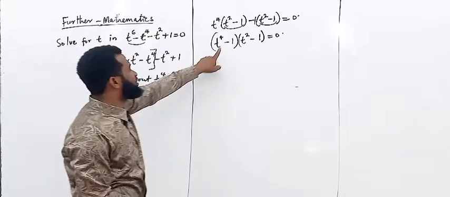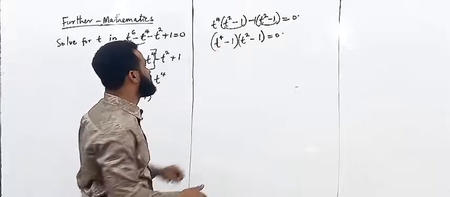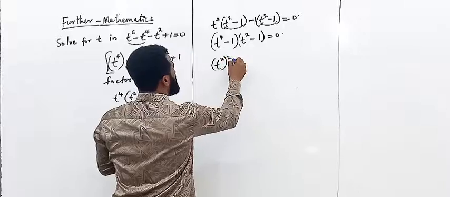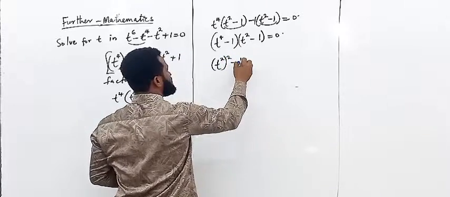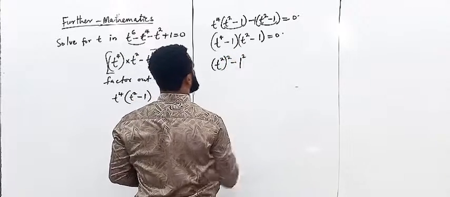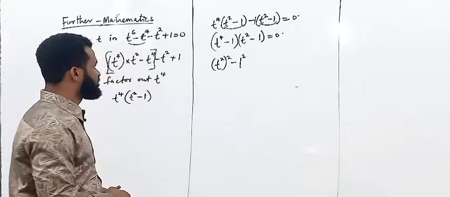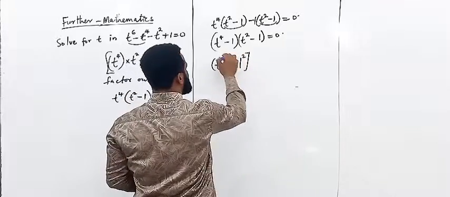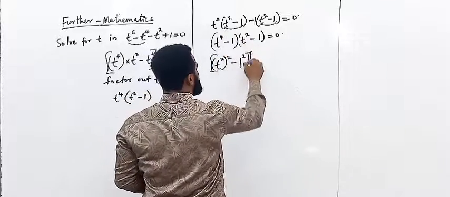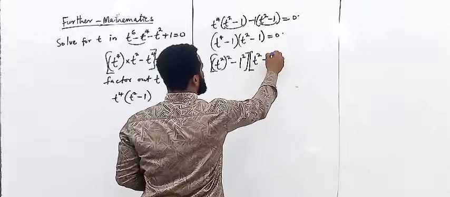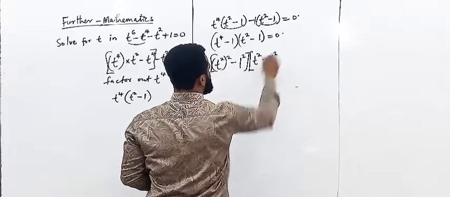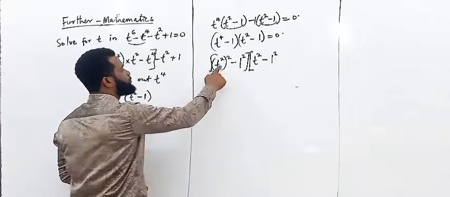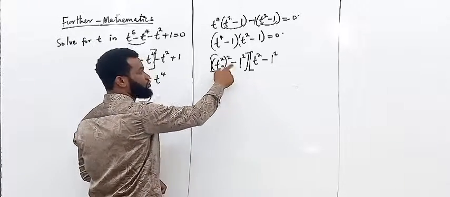Now, remember this. t raised to power 4 minus 1 can be the same thing as saying t raised to power 2 bracket 2 minus 1 raised to power 2. Yes, I want to do it in terms of difference of 2 squares. So this one is separate. I have dealt with this one. Then we also have t raised to power 2 minus 1. At this point, I'm going to apply difference of 2 squares.